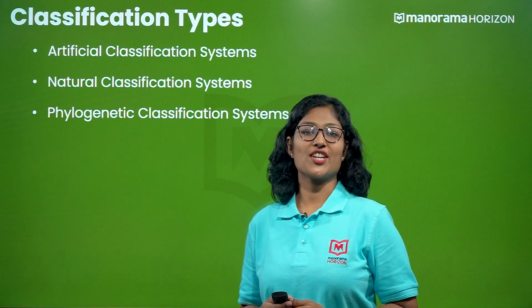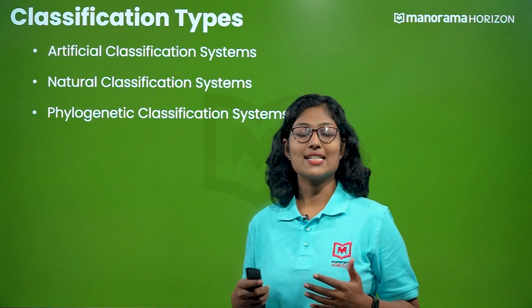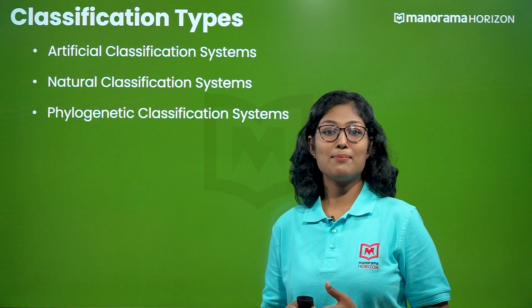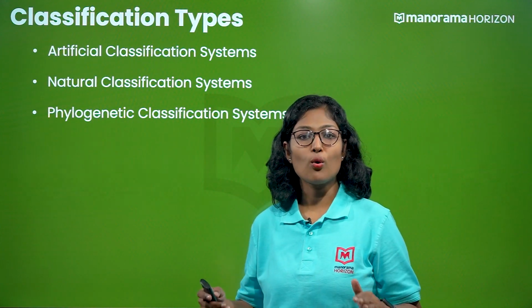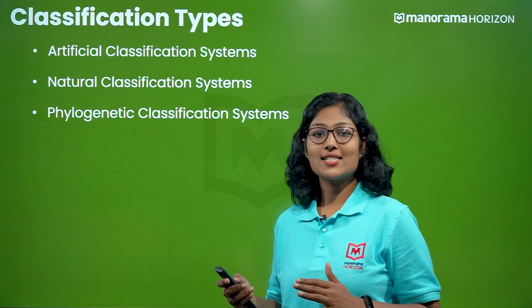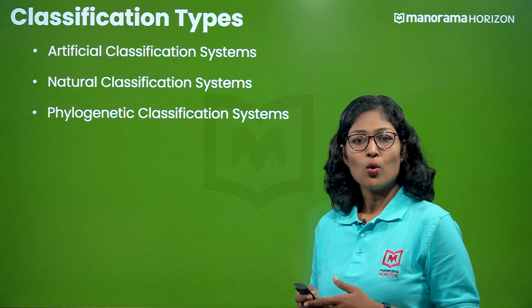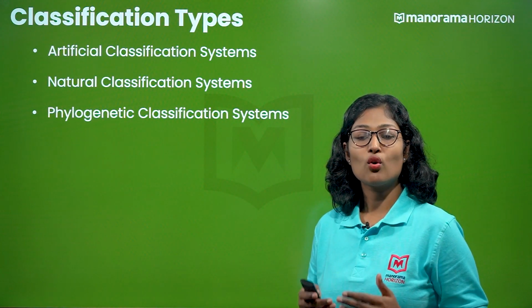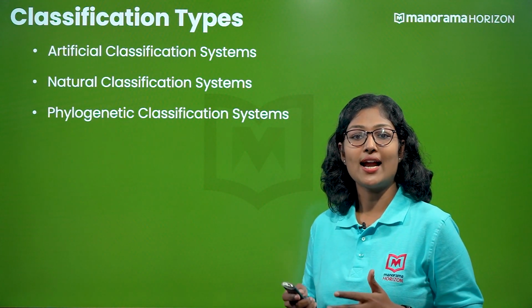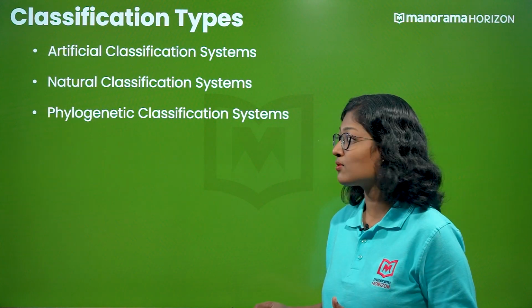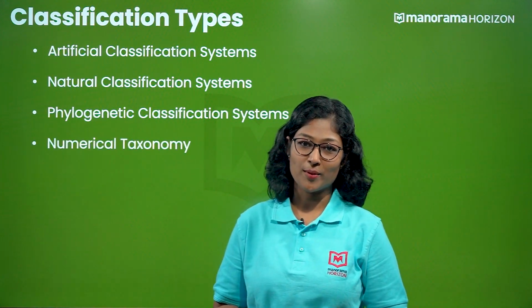Characters of a species like the color, height, structure and habitat were all given codes and marks, and this data is analyzed using computers. Thus, we can assign numbers and codes for each character and classify organisms in numerical taxonomy.